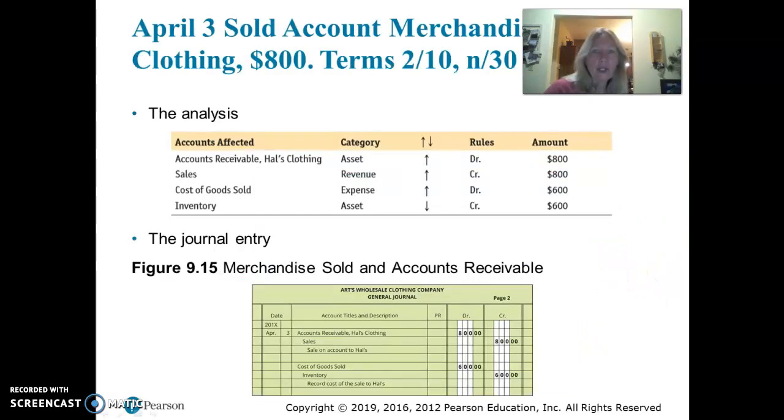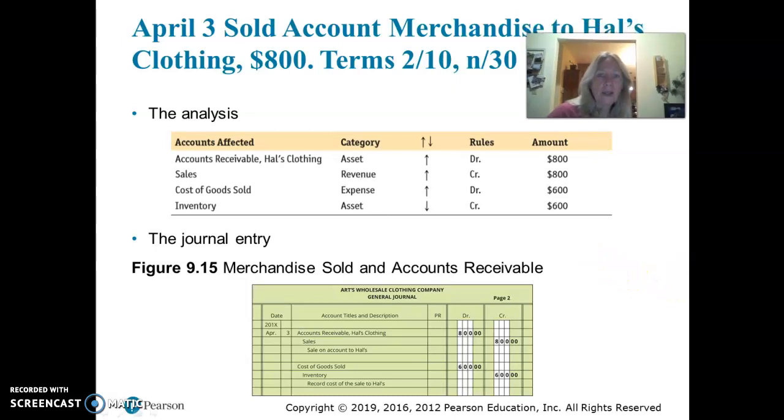Okay, it says here that on April 3rd, you sold merchandise to Hal's Clothing for $800, terms 2/10, n/30. So what accounts are going to be affected? It's a little bit of a review. The first thing we're going to record is accounts receivable, because Hal's owes us money, and then that's recorded in sales.